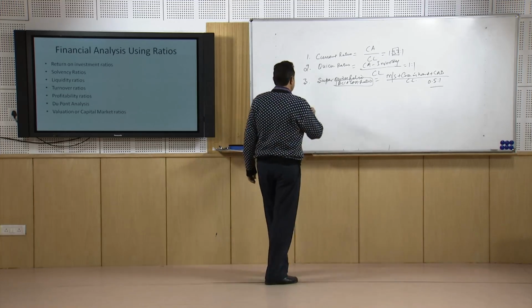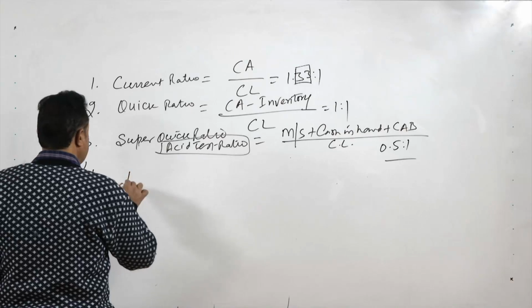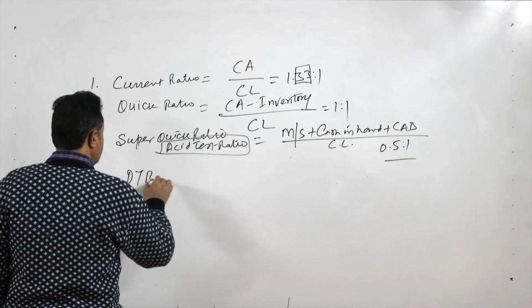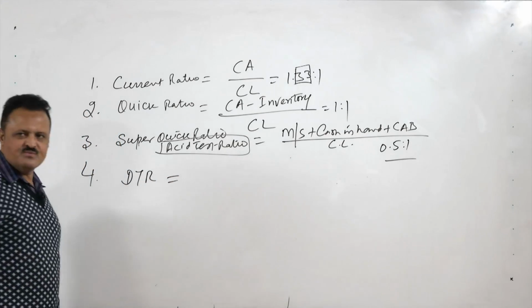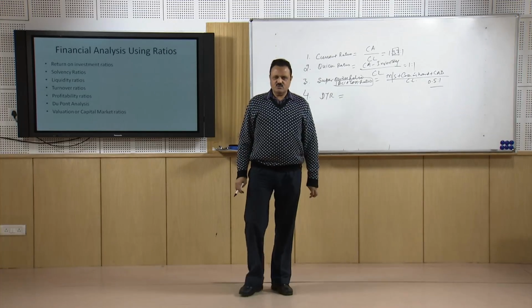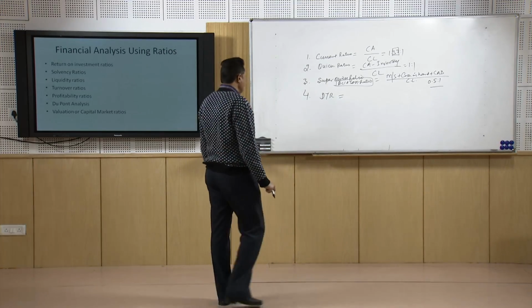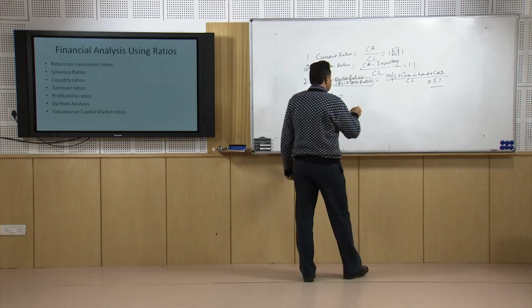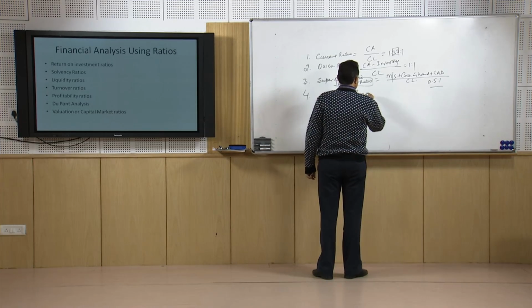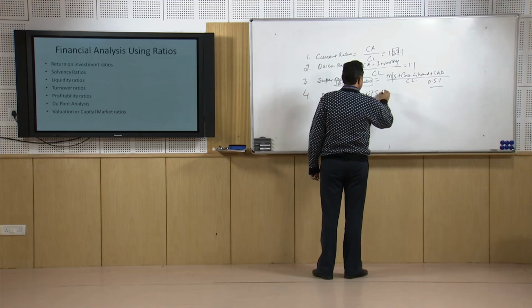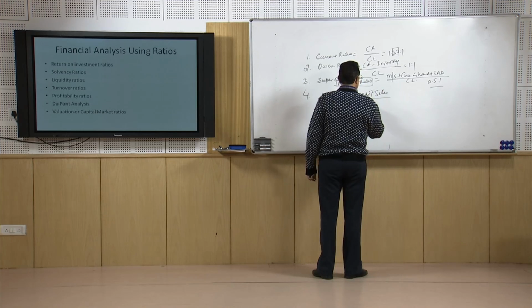So the fourth liquidity ratio here is the debtors turnover ratio, which is called DTR. When you calculate the debtors turnover ratio, we normally take the credit sales divided by the sundry debtors.